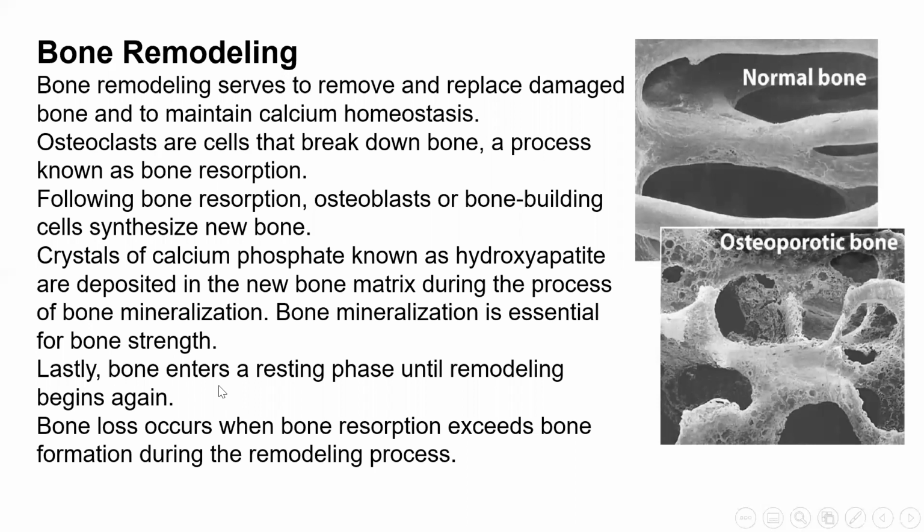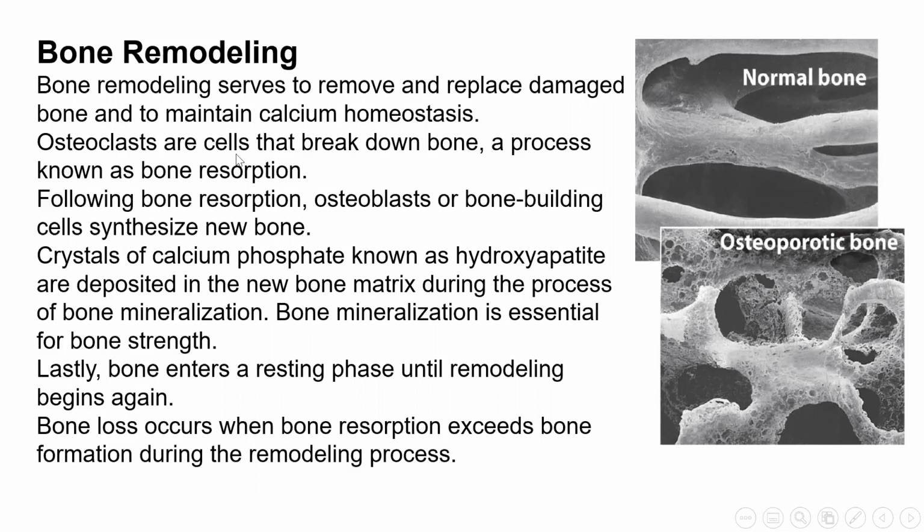Let's start first with bone remodeling. What is the meaning of this process? Bone remodeling serves to remove and replace damaged bone and maintain calcium homeostasis. Here we have mainly two major players, osteoclasts and osteoblasts.